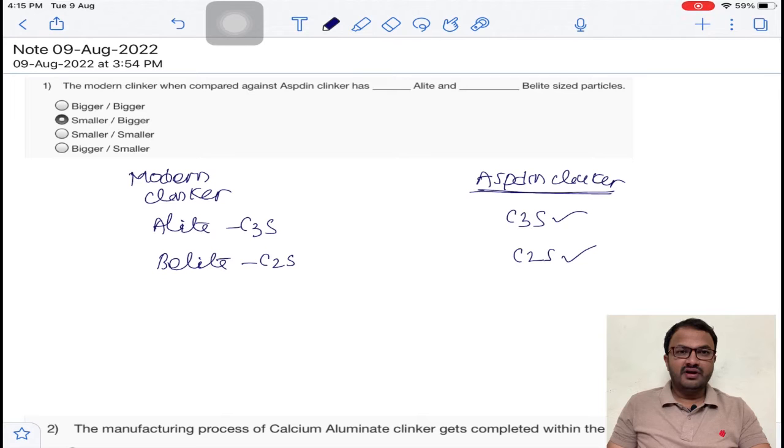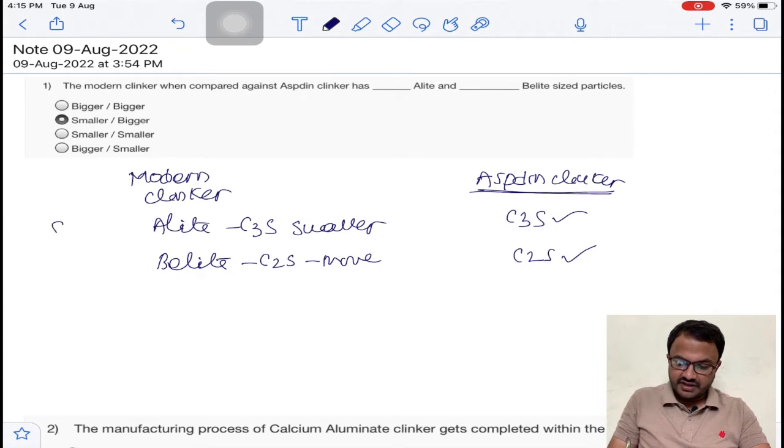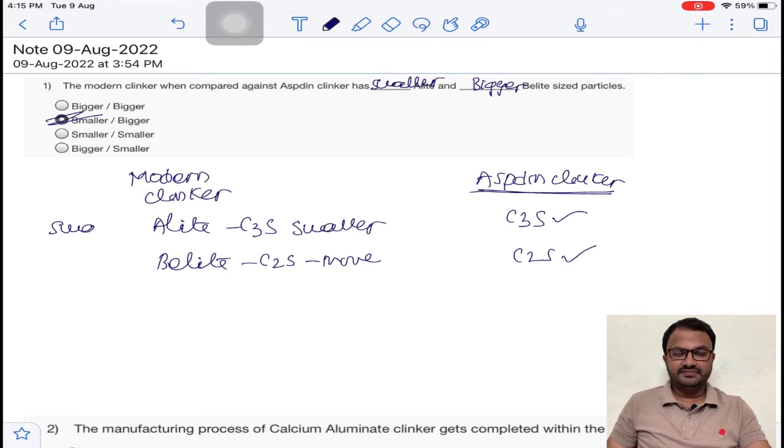But now, after realization, it is better to have strength in later stages. That is, belite should be more and alite should be the smaller compound. So here it is smaller and it is bigger. So the answer is B for question number 1.